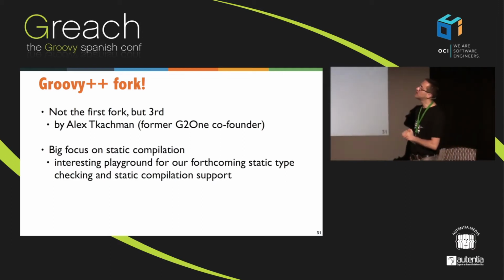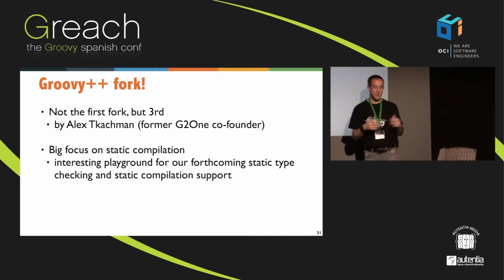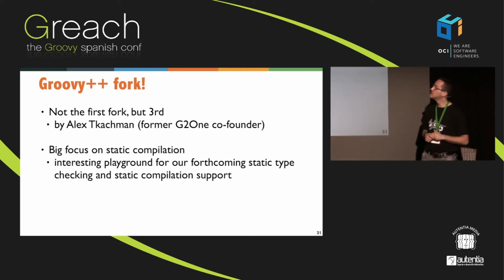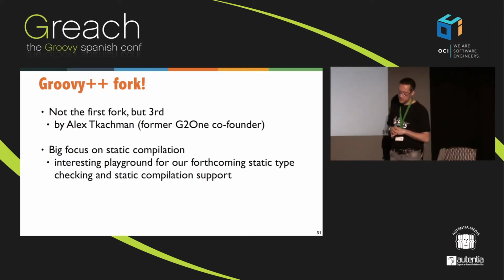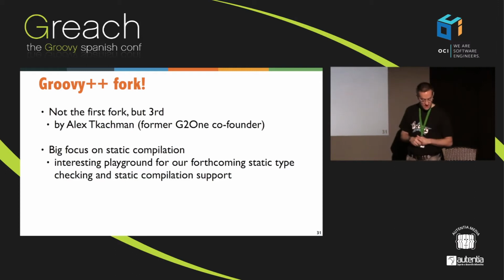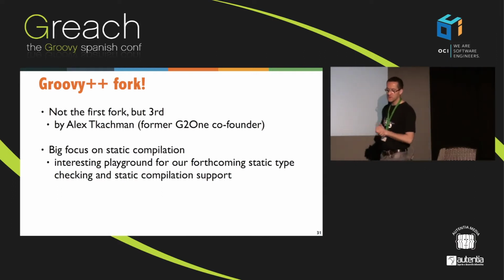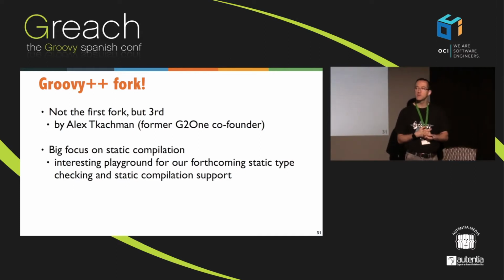That was really a nice playground for us for what became the static type checking and static compilation in Groovy later on. So we owe a lot to what Alex did back in the day with Groovy++. Although it was slightly different from the path and approaches we took, it was a very, very interesting experiment that fueled our discussions for what became the static aspects of Groovy later on.